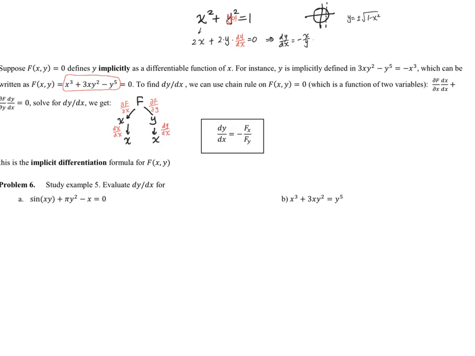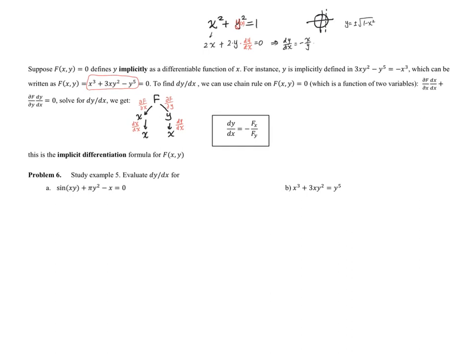This is the second branch, right? So this is what we have right here. And on the right-hand side, because it's constant, the derivative with respect to x is just 0.